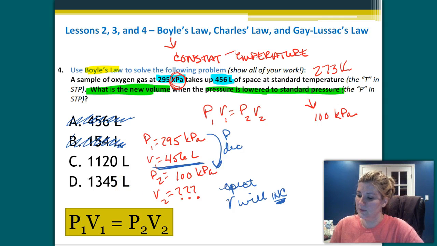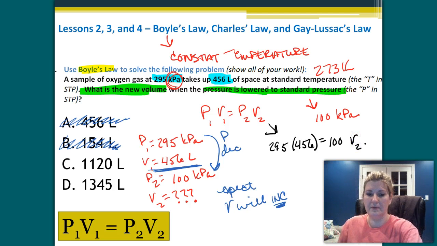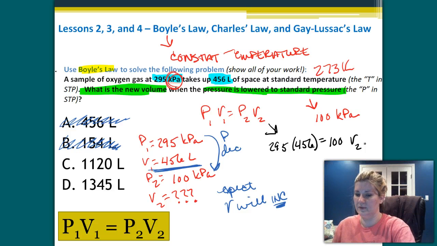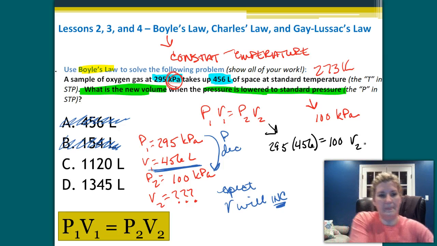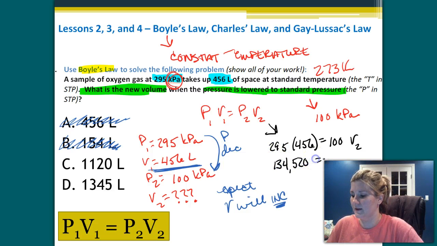I'm going to go ahead and just substitute this into the equation, where we have 295 multiplied by 456 equals 100 times V2. Okay, doing that math real quickly, 295 times 456 is 134,520 equals 100 V2.